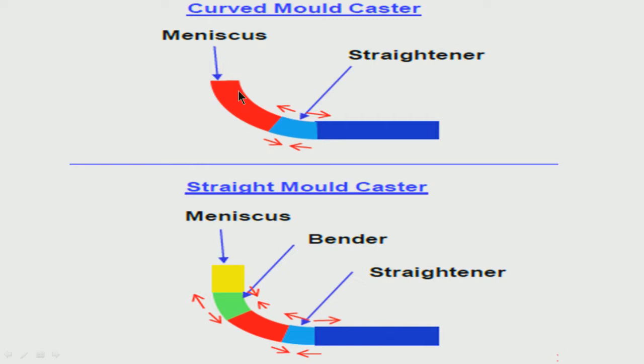Here it is also going vertically, but since the mold is curved, there is a possibility of certain inclusions getting entrapped inside the solid shell which is forming here is high in case of a curved mold. So, in a situation where we have a curved mold, uniformity of inclusions in the cast product will not be there.